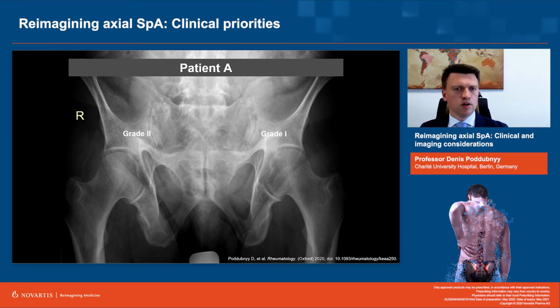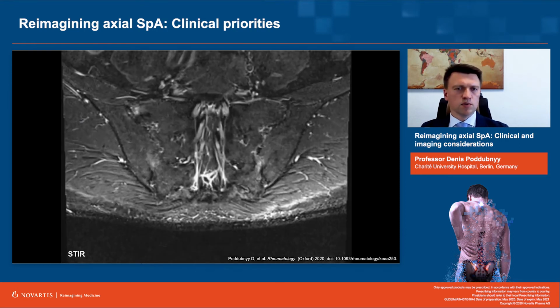In that case, we normally use MRI to confirm or to exclude the diagnosis. MRI was performed. Here you see a STIR image, water-sensitive sequence, where we can find bone marrow edema, osteitis as a manifestation of axial spondyloarthritis.